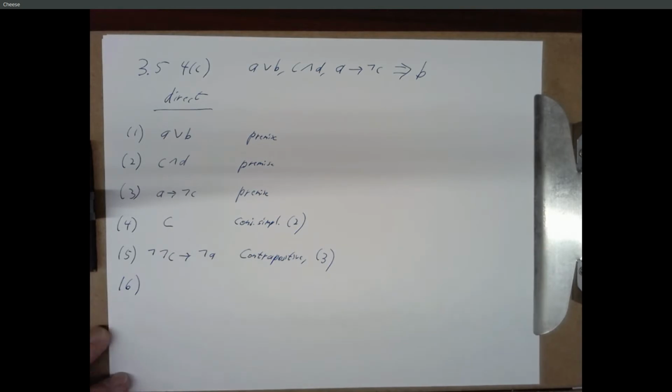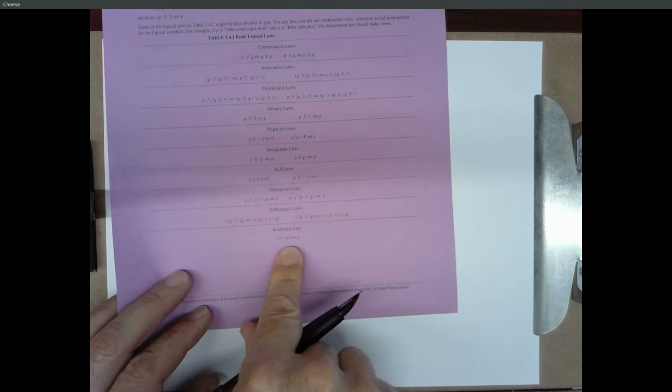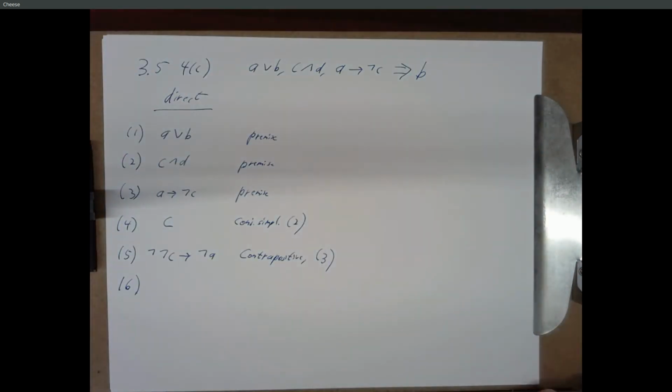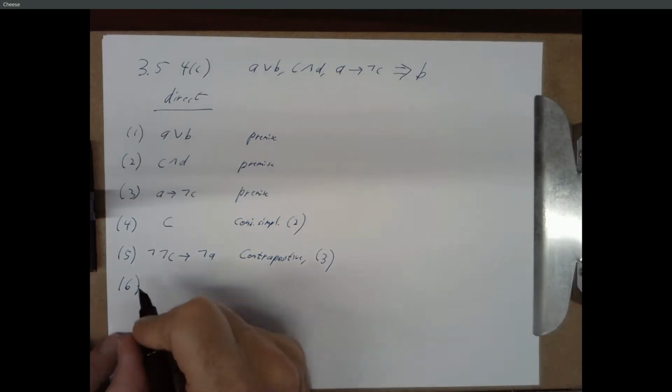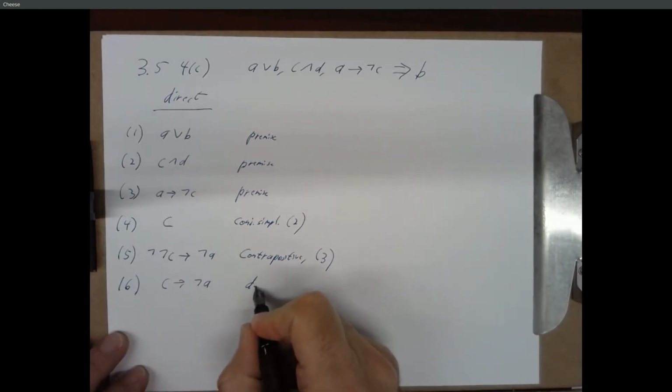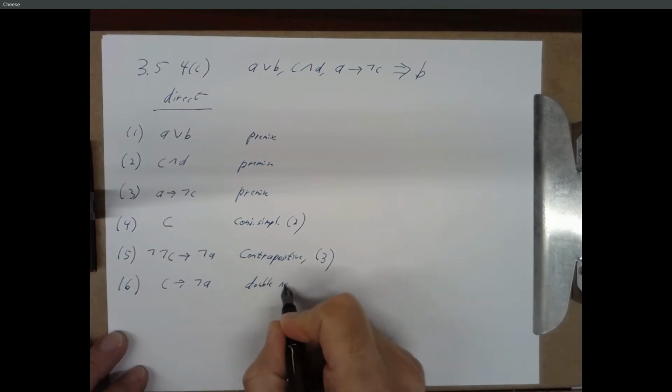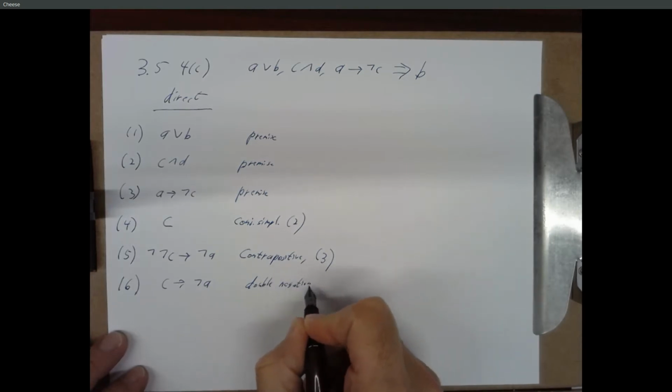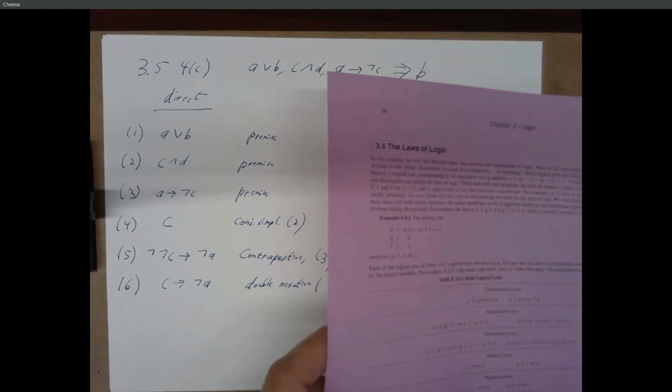And we know the negation of not C is equal to C. That's something called the involution law, or double negation, if you like. And so this is telling us that C implies not A. Let me just say double negation. So it's also called involution.